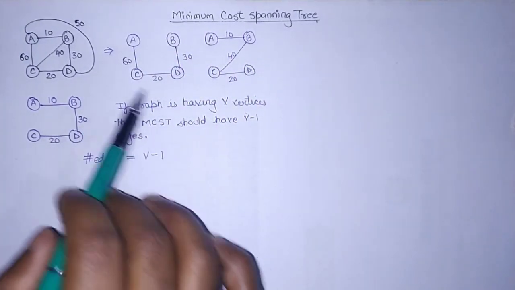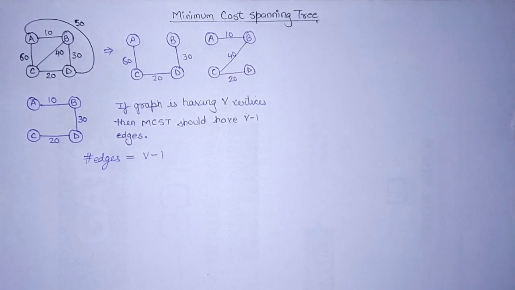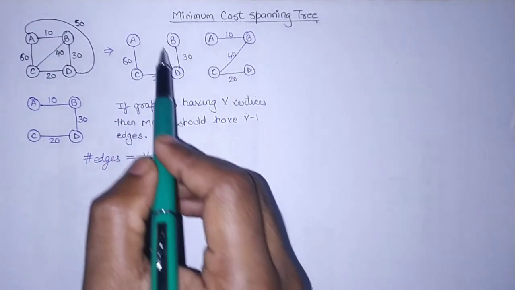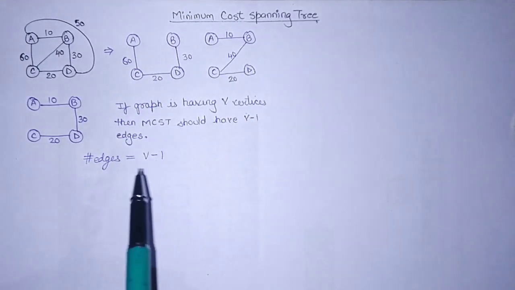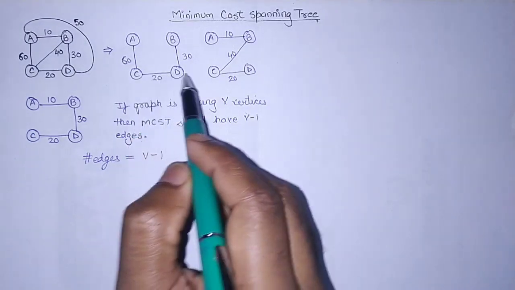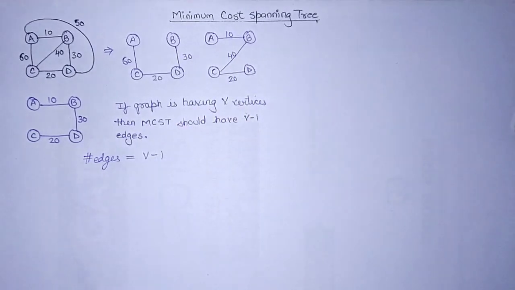You can see that I tried to draw 3 spanning trees by taking different edges. So this is one spanning tree, this is another spanning tree, this is another spanning tree. Now the question is whether these spanning trees are minimum cost spanning trees. How can you find it out?